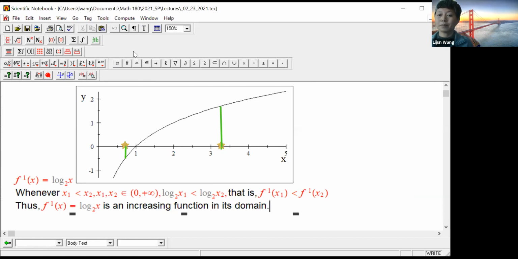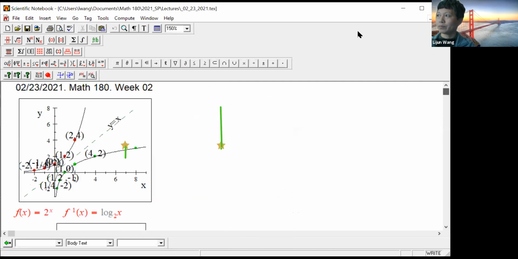All right, so we have done so much for 2 to the power x and log base 2x. And the next one, the next biggie, is number 11, 12, e to the power x and ln x. Everything we do for 2 to the power x and log base 2x can be applied to these two functions.